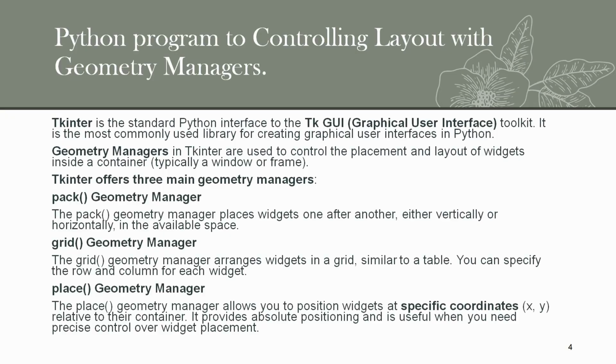So it positions widgets at specific coordinates relative to the container. These are the mainly used geometric managers: pack(), grid(), place(). Another main thing is that tkinter is used for GUI interfaces in Python, and there is no need for any specific installation of this interface.